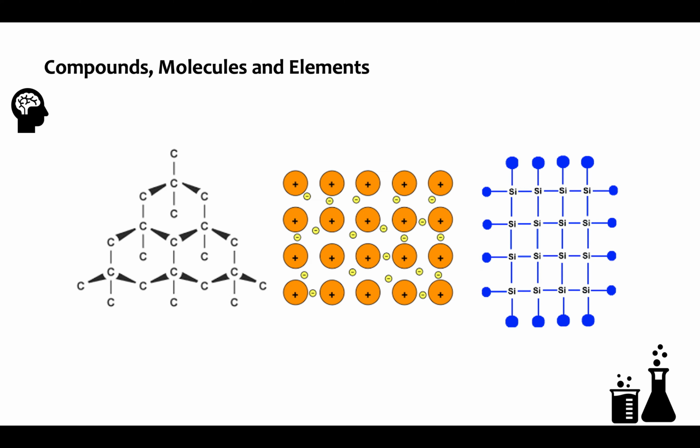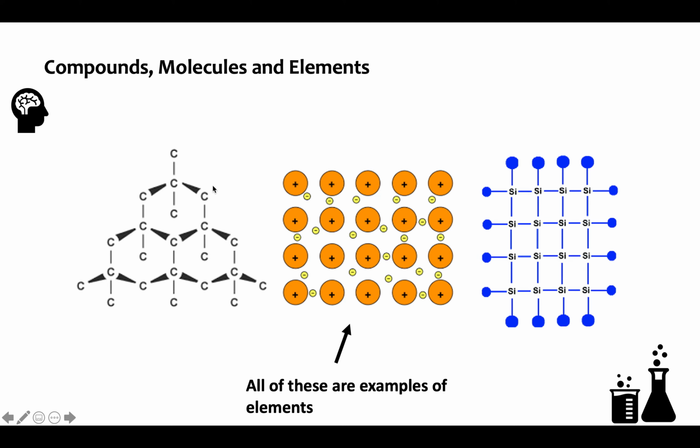Okay, and finally what we are looking at on the screen are examples of elements that are not molecules. So they only contain one type of atom that would make them elements, but specifically they are not molecules. And the reason that they are not molecules is because they don't contain one or more atoms held together by covalent bonds as discrete molecules.